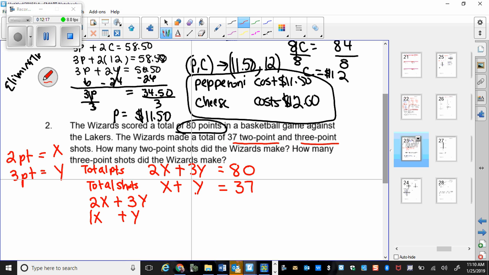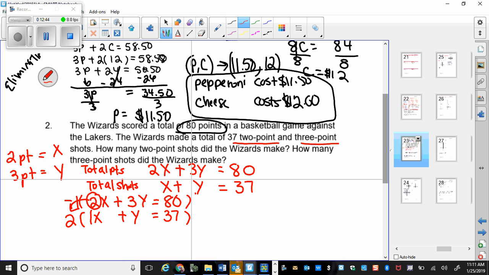Now, what we want to do is get the coefficients of a variable to be opposites. So I'm going to pick x. I'm going to multiply the top by negative 1 and the bottom by 2, so we can get those opposites.